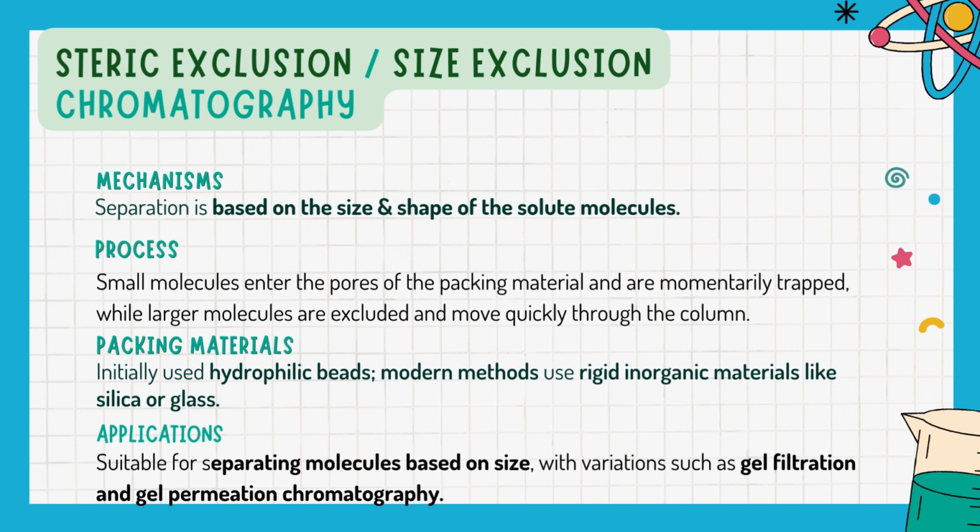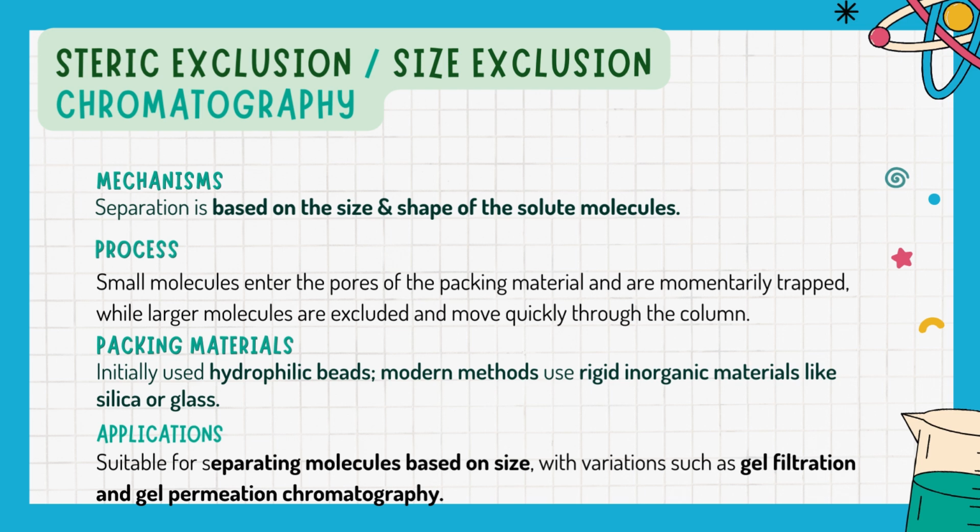So that's for LLC. And now we have steric exclusion, or size exclusion, chromatography. It is a separation technique that separates molecules based on their size and shape. Here, the stationary phase is made up of porous beads or gel, and the mobile phase is a liquid.